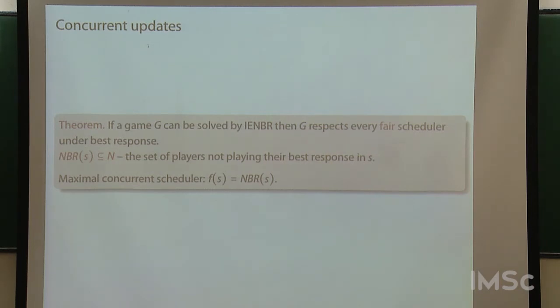Why is that? Because all the strategies which are being thrown out are going to be never best response, right? So what is the maximal concurrent scheduler? You pick all the players who are not happy and let them update at the same time. This is going to converge, okay?